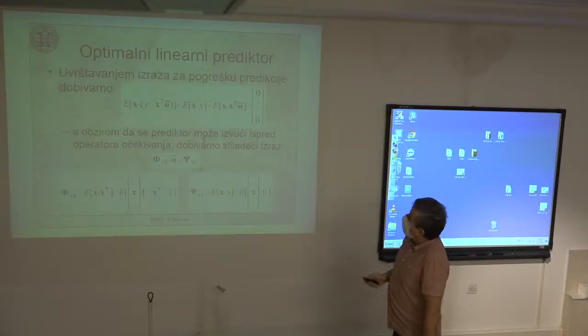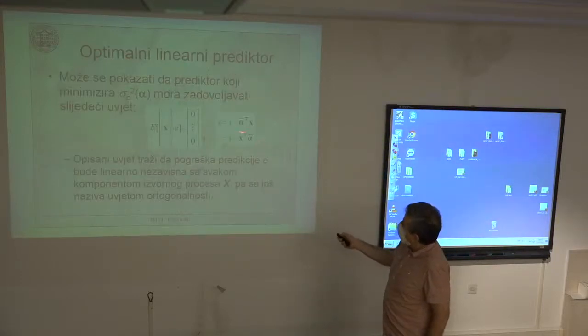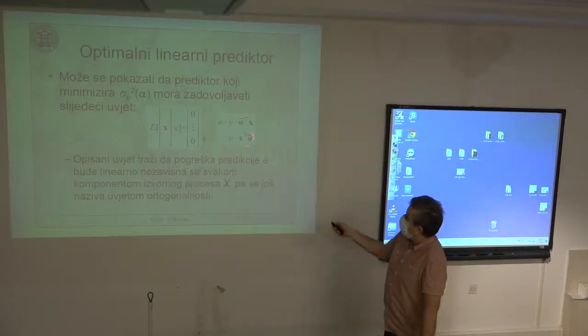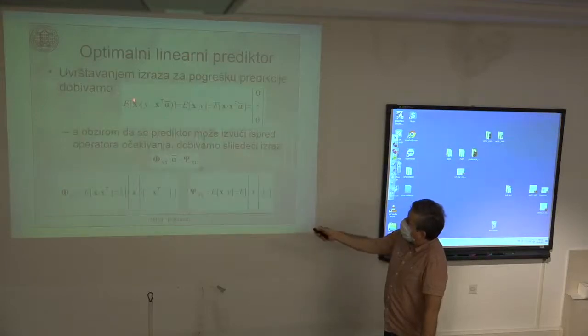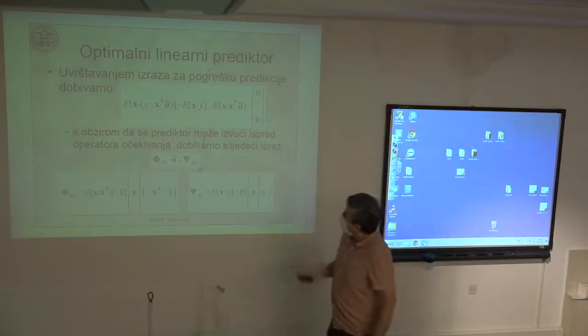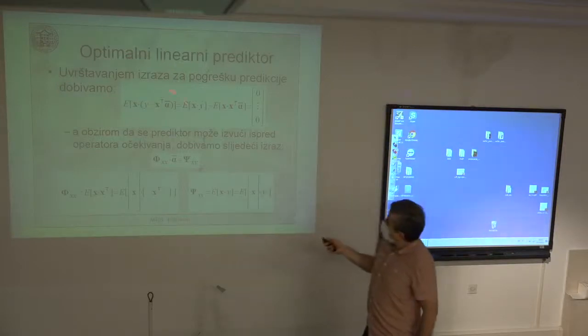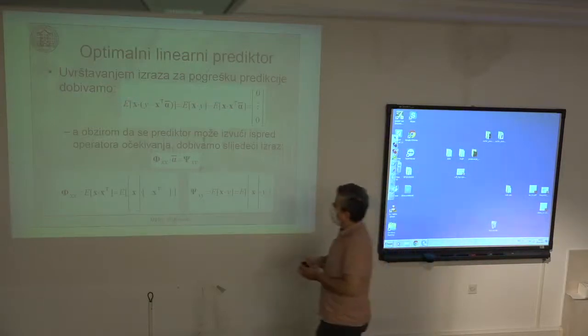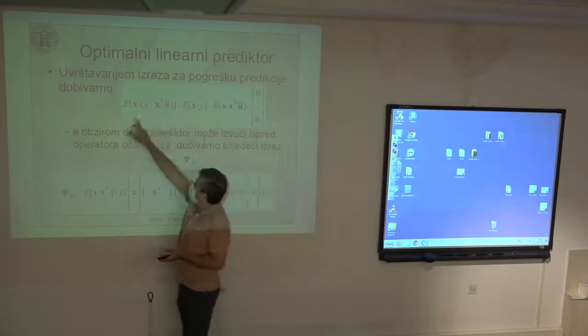Okay? So if I take this value here for E, and substitute this E into this expression, the expectation of column vector x multiplied by this scalar value, I can rewrite this as a difference of two expectations, because the expectation is a linear operator.